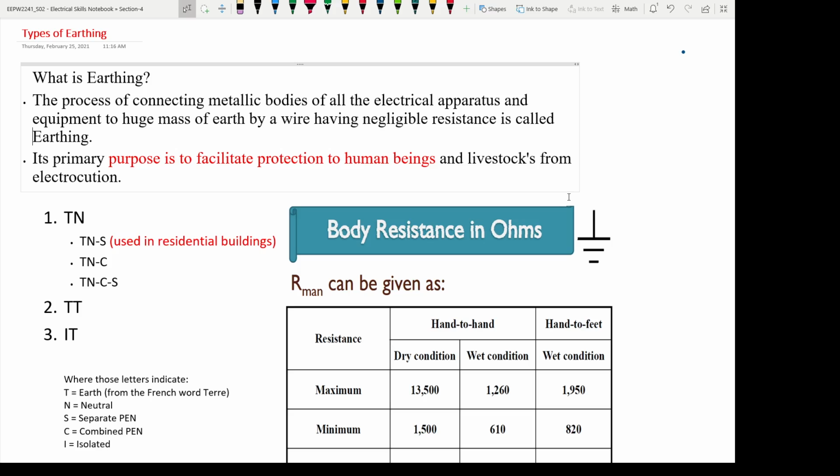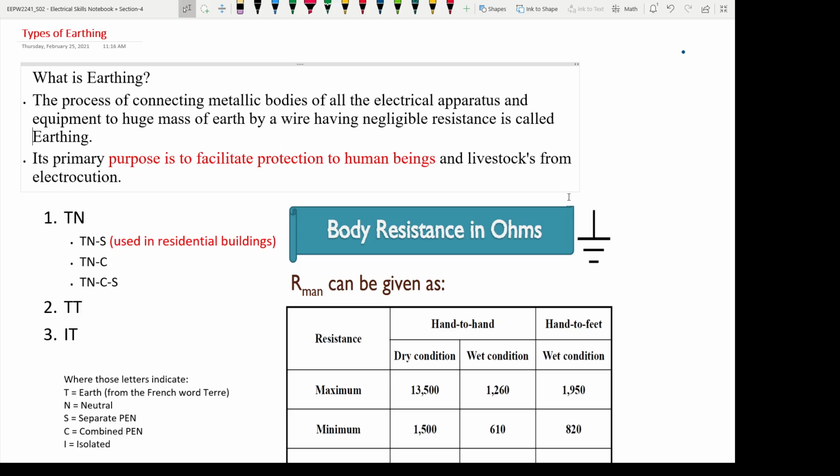The current always prefers the least resistance path. So if we provide a low resistance path for this fault current, then the fault current prefers to flow in that path.